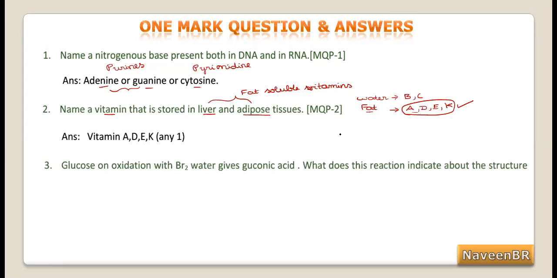The next question, from the 3rd model question paper: glucose on oxidation with bromine gives gluconic acid. What does this reaction indicate about the structure? We have seen the structural elucidation of glucose. To show there are 6 carbon atoms present in a straight chain, the reaction is treating with hydrogen iodide to get n-hexane.